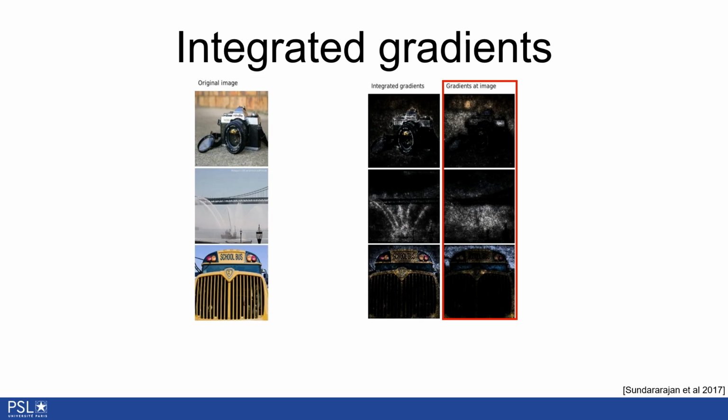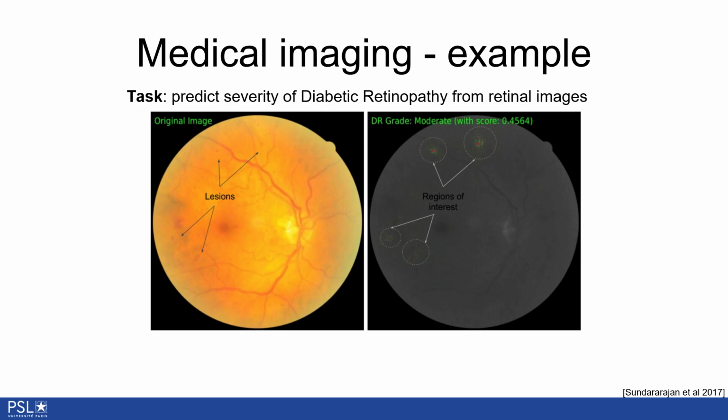Interestingly, the original paper by Sundararajan and colleagues also proposed a couple of practical applications of their method that go beyond usual image classification. One application is diagnosing diabetic retinopathy from retinal images. Diabetic retinopathy is a complication of diabetes that affects the eyes.